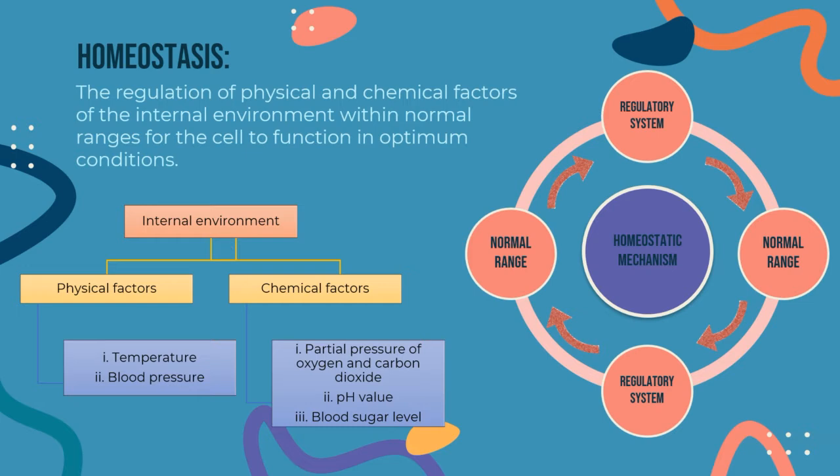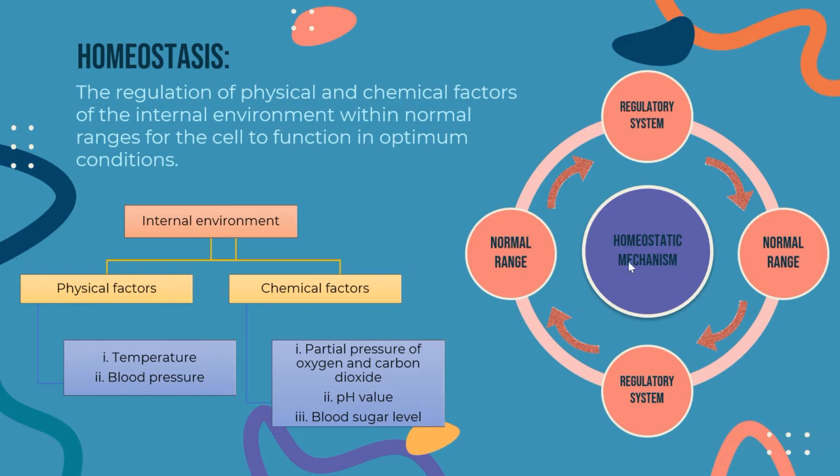All right, so there is a regulatory process to make sure that our internal environment is always in normal range, for the cell to function in optimum condition. So what is the process? It is homeostasis, right? Okay, so let's take a look at the homeostatic mechanism here.